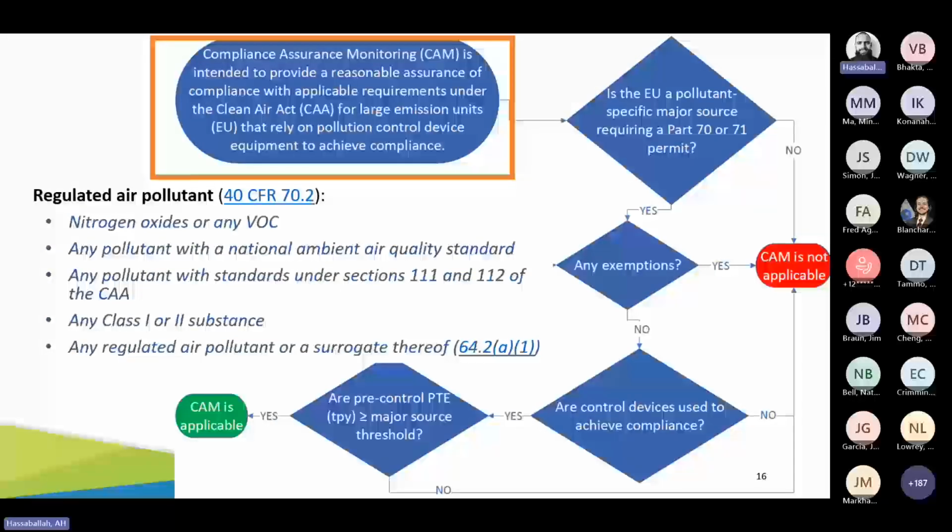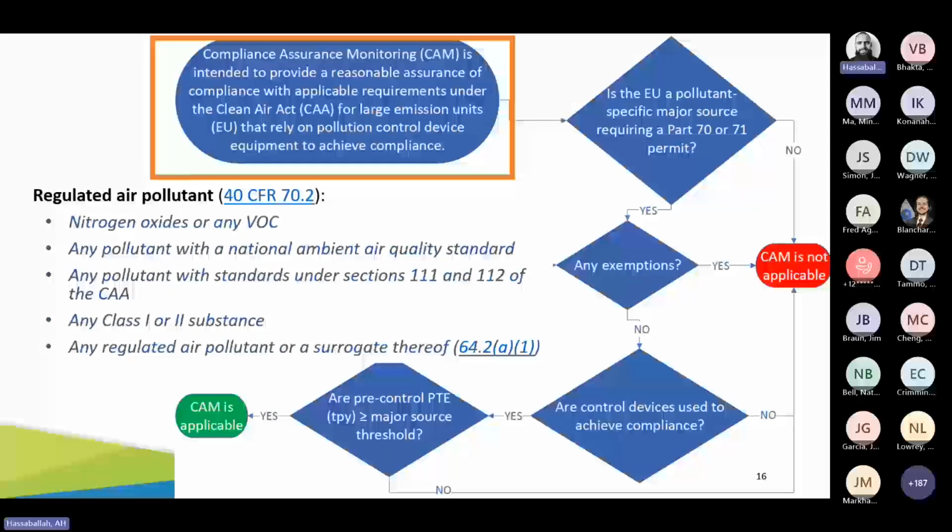And then last but not least, your surrogates, which use one pollutant to infer emissions of another pollutant, and you can think of like NO2 or VOC for ozone.